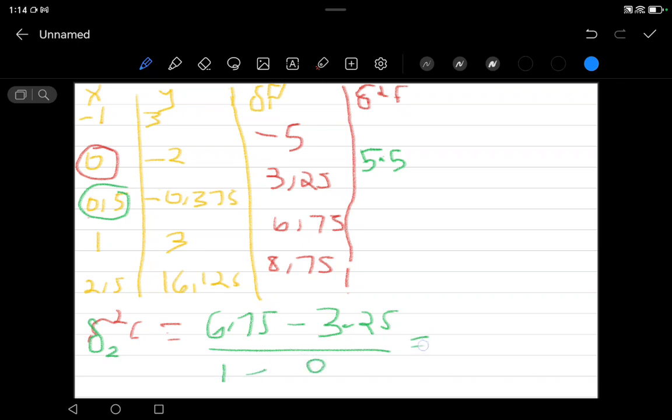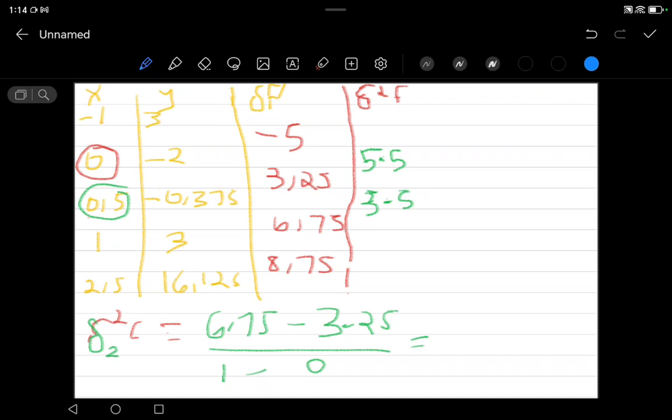Okay, and then we get the answer. Oh, minus 0.5, yeah. Oh, okay. So we're going to get 3.5.